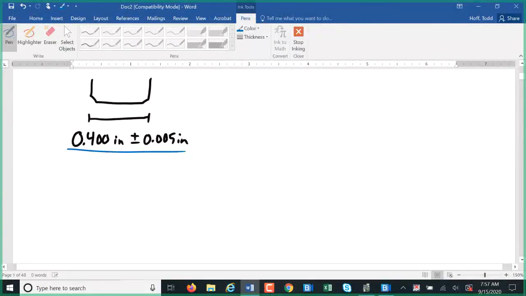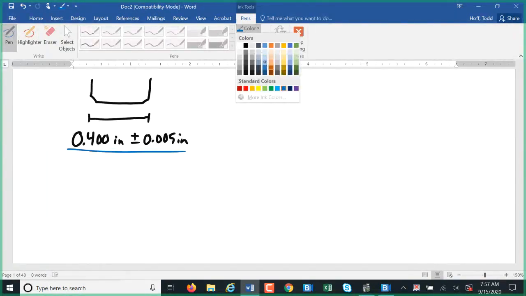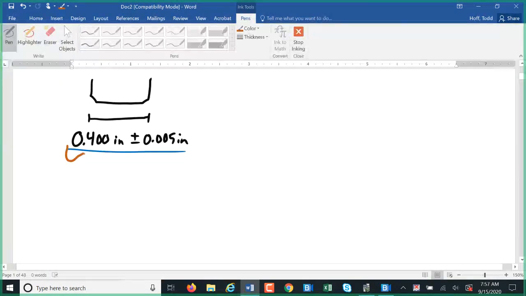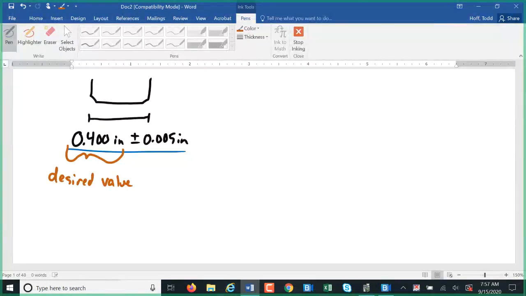The length is 400 thou. It's got to be plus or minus 5 thou. Perfect. We want the length to be 400 thousandths. That's called the desired value. Sometimes called the ideal value, because in an ideal world, that's the size we want it to be, exactly 400 thousandths of an inch.